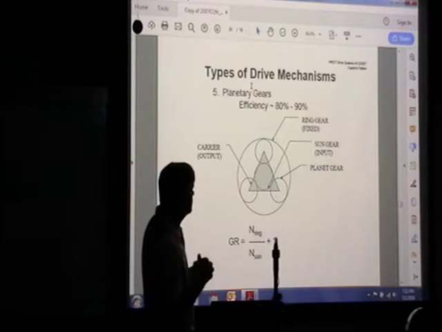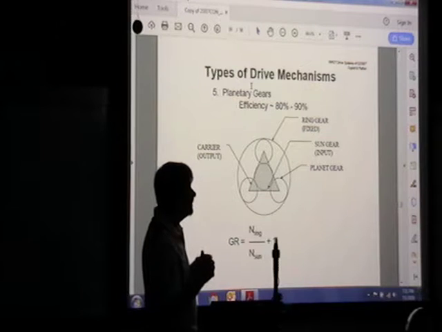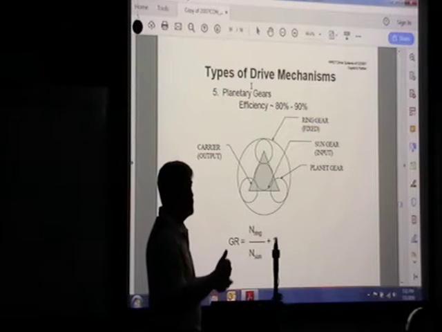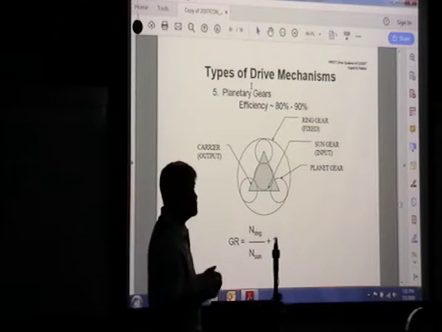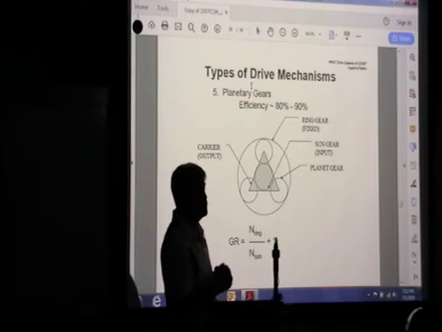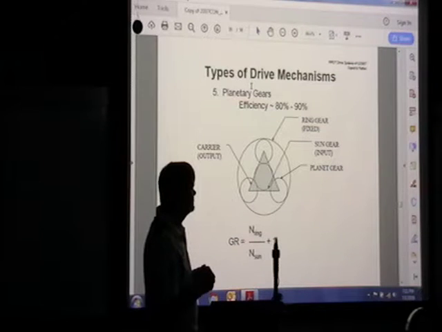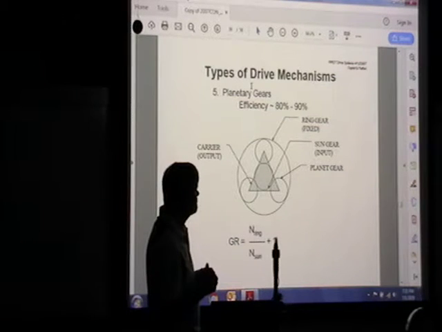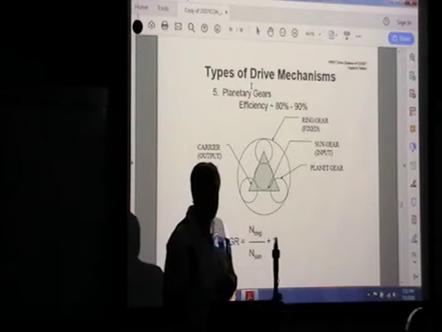Efficiency, 80 to 90 percent, sometimes a little bit higher than that. There again, the more gear sets that you stack up, you've got to multiply that efficiency through your system. That's true for just about any multiple gearing ratios that you have. Questions on that?